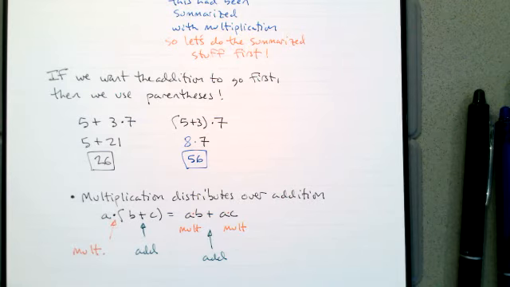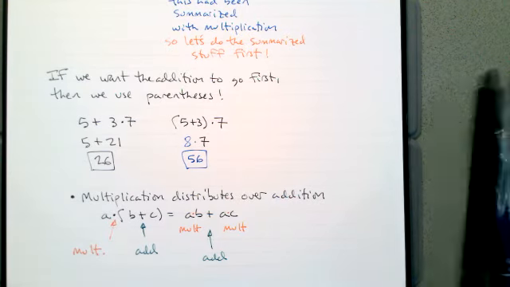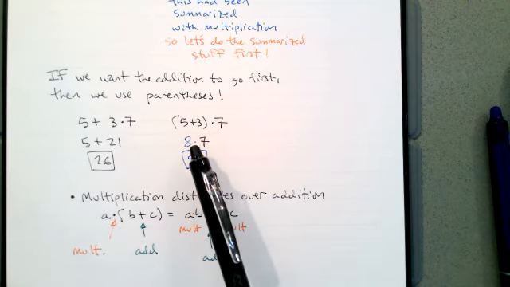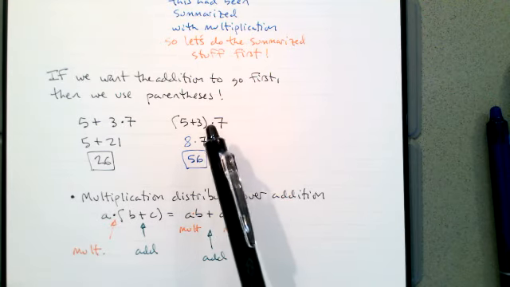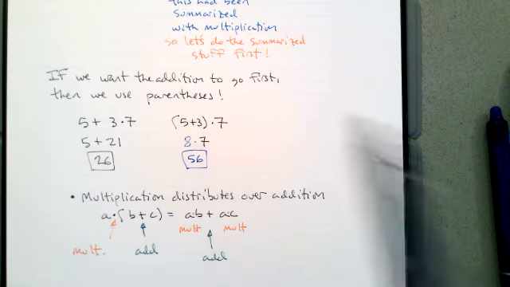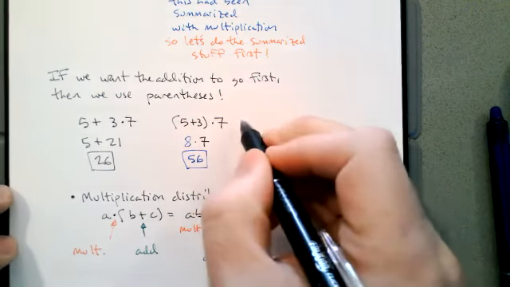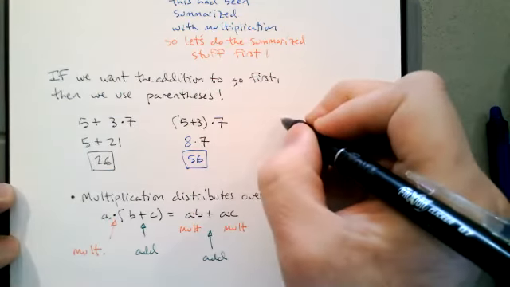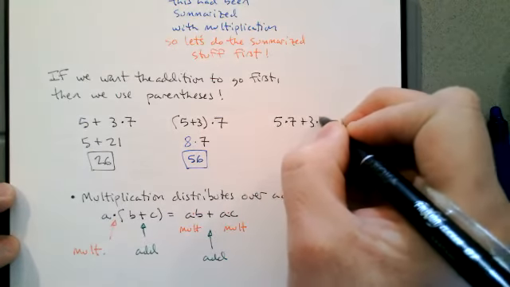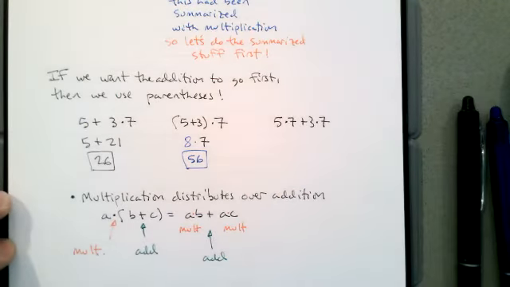We actually can use this in the previous example. We have 5 plus 3 times 7. This is going to be 8 7s, and that's the same if we use the distributive property as 5 7s and 3 7s. So this is the same as 5 times 7 plus 3 times 7 if we use our distributive property.